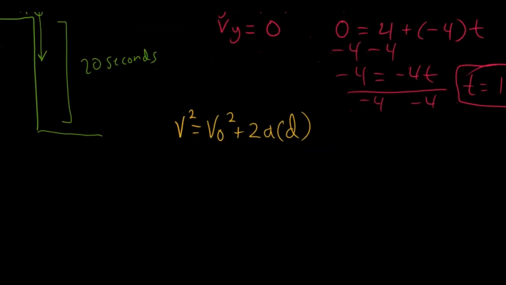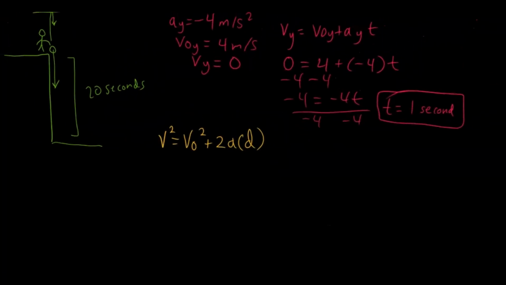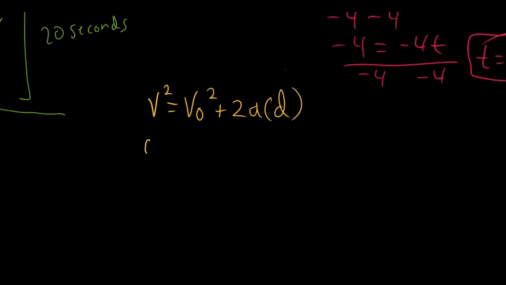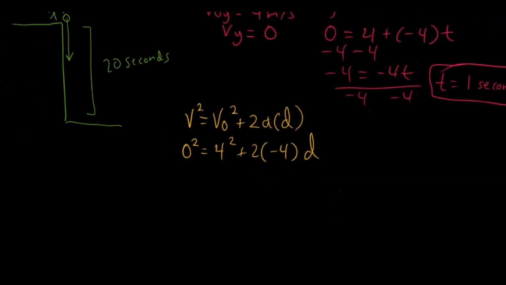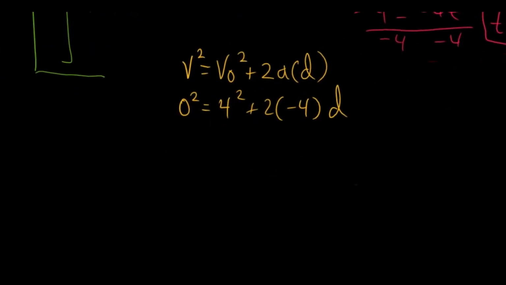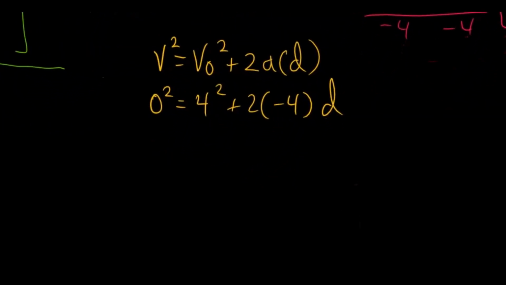Let's plug in the numbers. The final velocity is 0 because it just hit its apex. So 0 equals the initial velocity, which is 4 squared, plus 2 times the acceleration due to gravity, negative 4, times the displacement. That displacement is going to be the max height it reached in comparison to the top of the cliff.